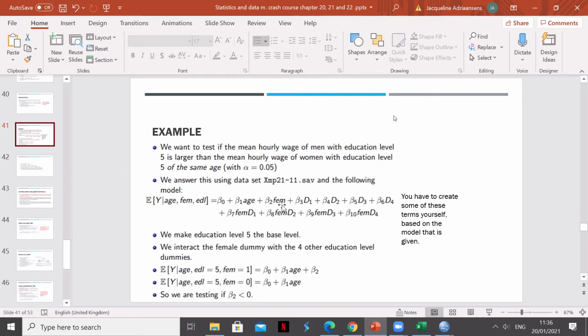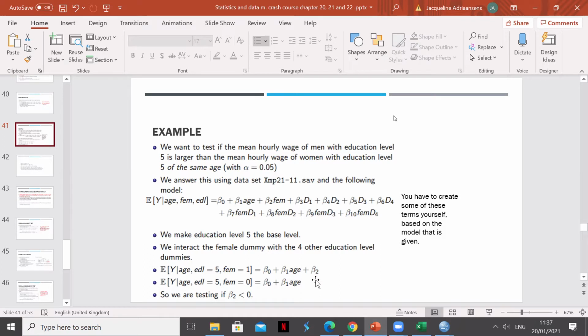And of course, fem returns 1 for a woman, and it returns 0 for a man. So if the fem is 1, then you get this, because you do B2 times 1 is B2. But if it's a man or a male, this is going to return, of course, 0. So it falls away. The only difference between the two is beta 2.